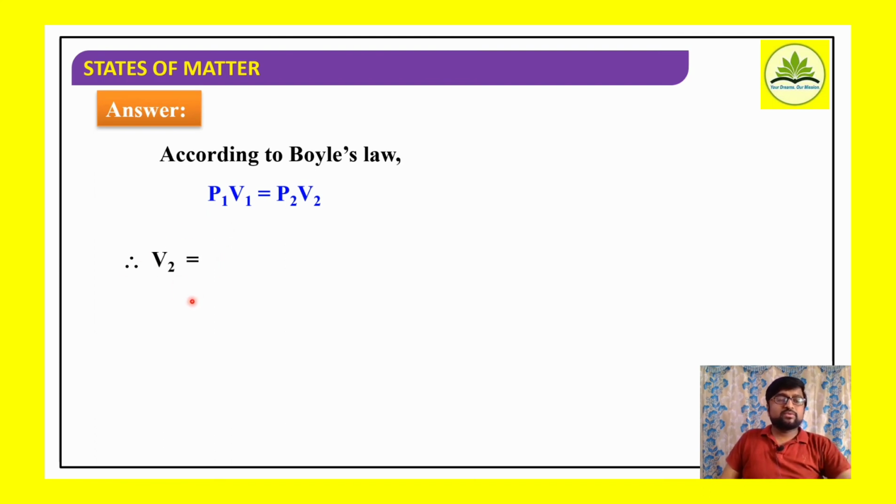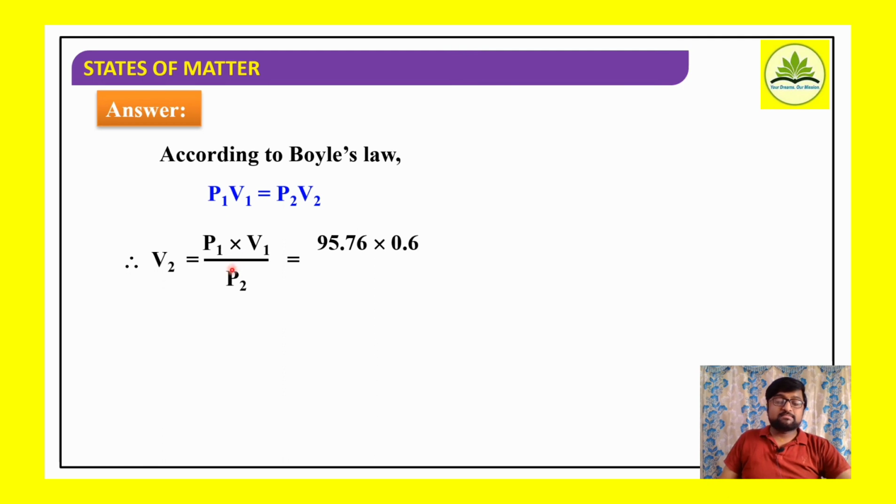The formula again, P1 V1 is equal to P2 V2, and we can solve for V2. V2 is equal to P1 into V1 divided by P2. So P1 is how much? 95.76. As all the units are alike, no need to change them. Both pressure values are in kilo Newton per meter square. If one pressure value is in one unit and the other is in a different unit, then the units must be made the same, either with respect to pressure or volume.